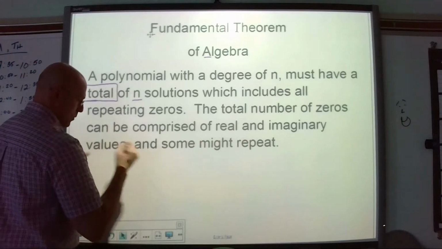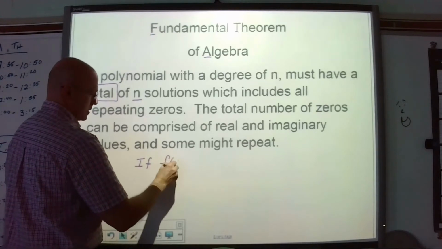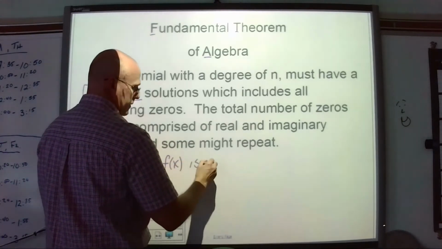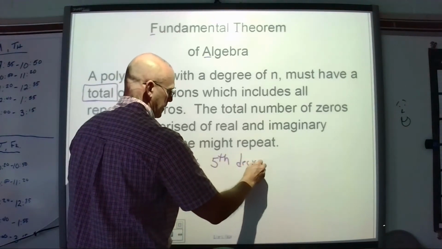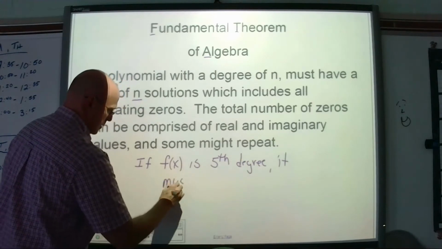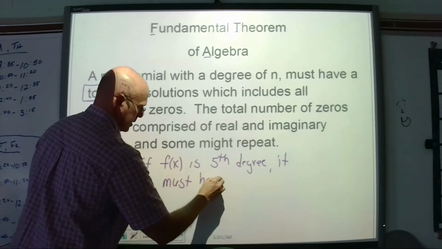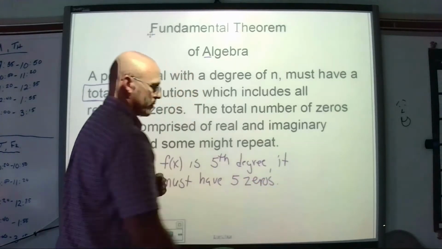So, what am I saying here? If f of x is 5th degree, it must have 5 zeros.